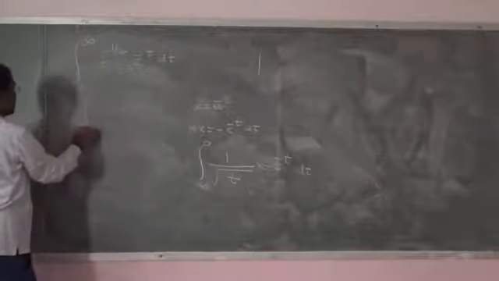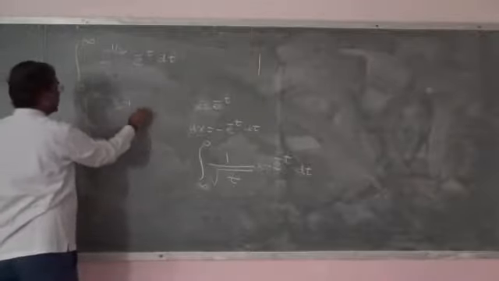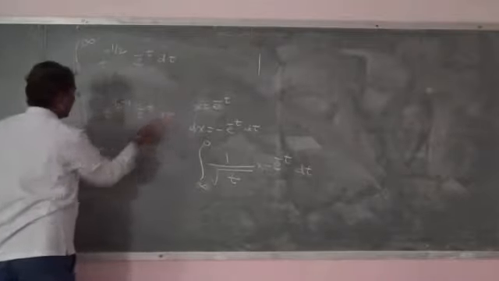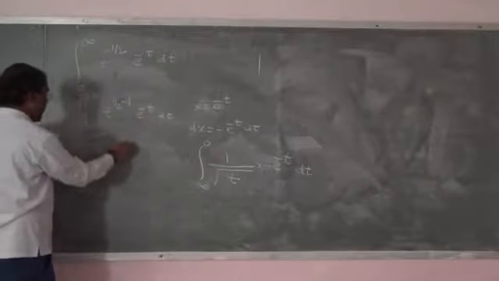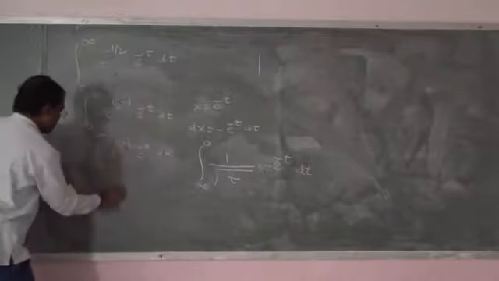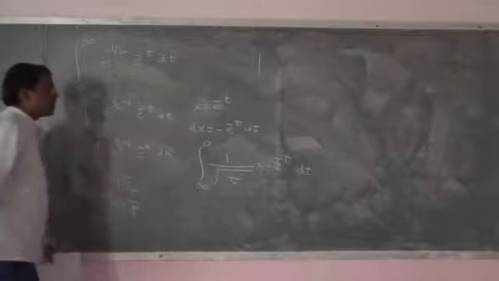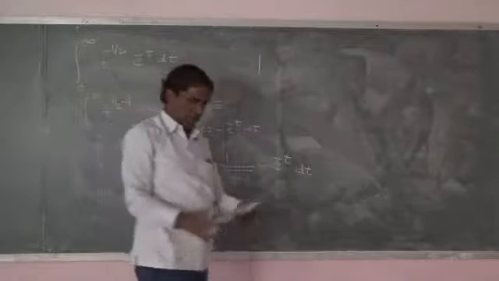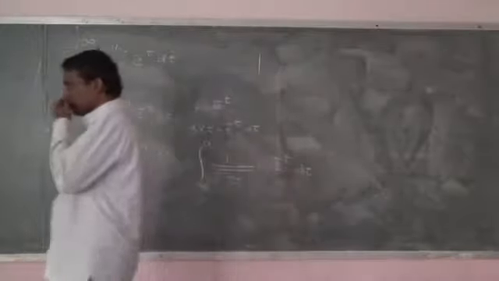This can be written as integral 0 to infinity t raised to 1 by 2 minus 1 e raised to minus t dt, or x raised to half minus 1 e raised to minus x dx. This is gamma half, and gamma half is root pi. So this is the answer.